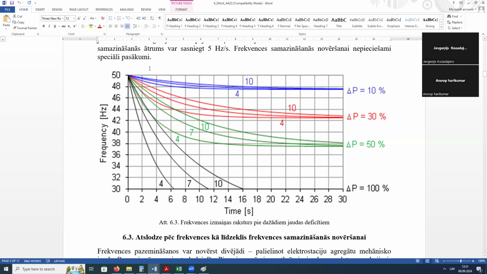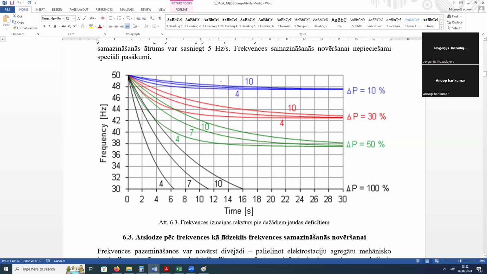And the speed of frequency decrease in such cases. It should be mentioned that here we don't have any regulation, so we don't have any additional power from generators. This is just a figure to show the speed of frequency decrease.